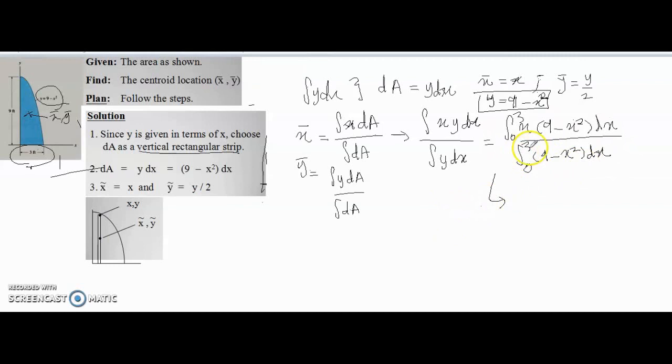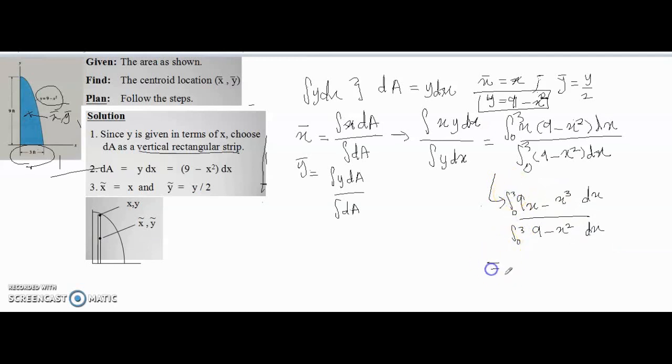First, expand this equation, which becomes 9x minus x cubed, dx. And the denominator is 9 minus x squared dx. Then do the integration from 0 to 3, 0 to 3, 0 to 3.